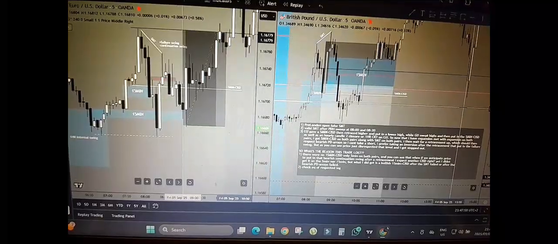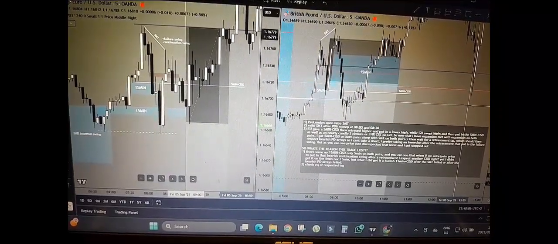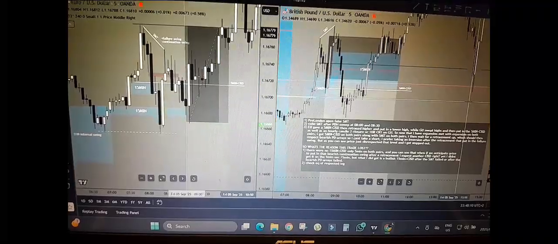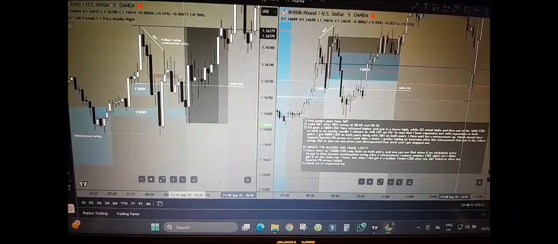I was anticipating that after I got that change in state, I would see a retracement up, putting in a failure swing, and then I would take an inversion. So I would wait for a bullish FEG to get disrespected.